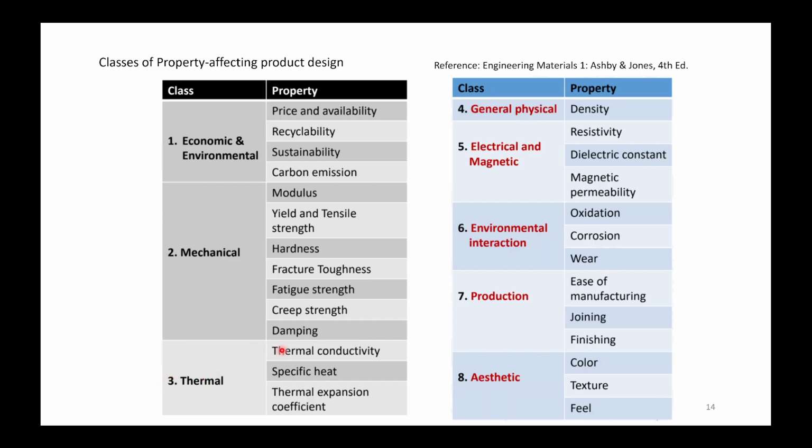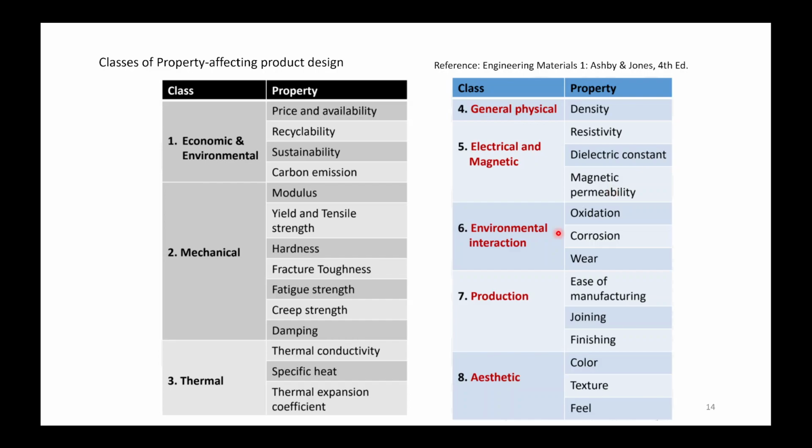So here thermal conductivity, specific heat, thermal expansion coefficient need to be considered. General physical properties include density, and electrical and magnetic properties, consisting of resistivity, dielectric constant and magnetic permeability.